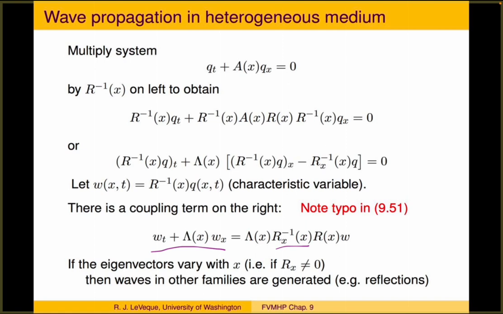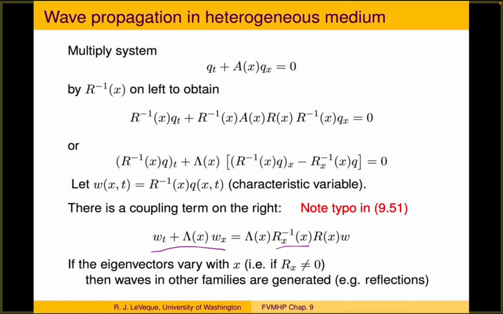So that means that a wave in one family can feed energy into the other families due to the source term. In particular, if you have an interface between different materials, you typically see that if a nice simple wave in one wave family is hitting the interface, as it goes through the interface, it can generate a reflection in other wave families. And so things become more complicated.